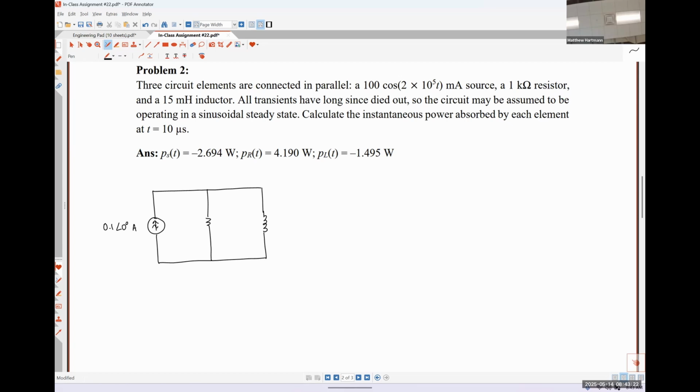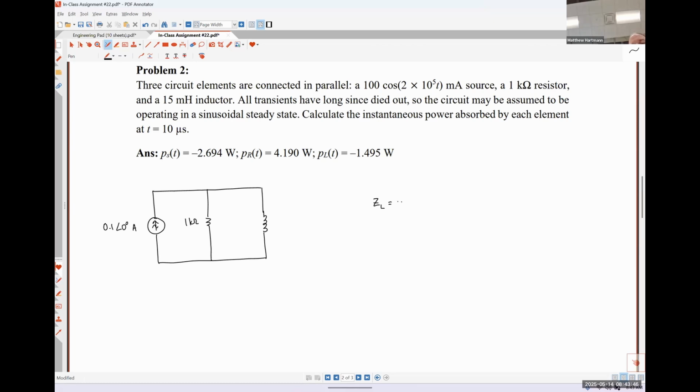Okay. What is the impedance of our resistor going to be? Just 1 kilo ohm, because the impedance of a resistor is the resistor value itself. So I'm going to put 1 kilo ohm here. And then what is the impedance of our inductor going to be? Well, we have to do a little bit of math for this one.